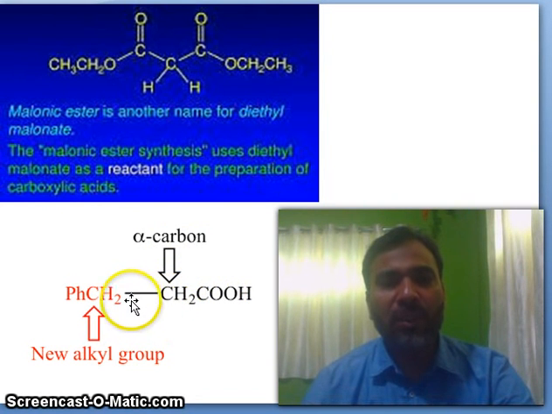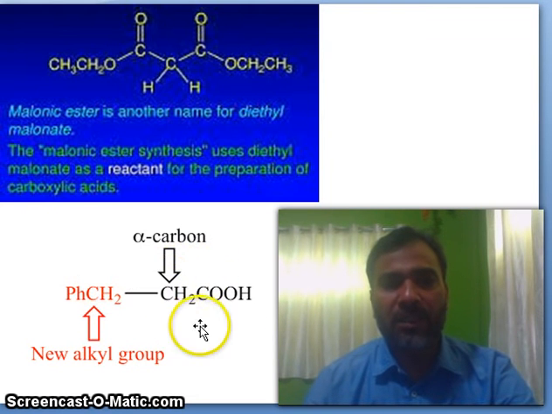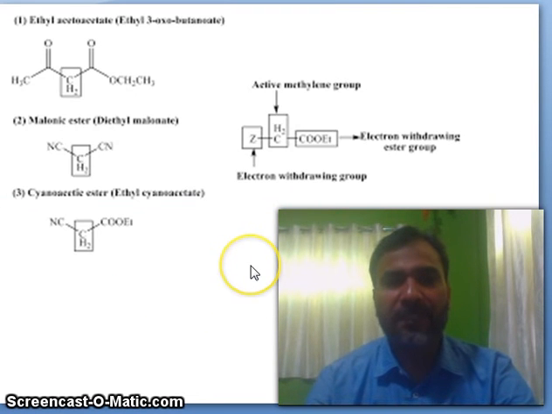When you use the malonic ester, you will attach new alkyl groups here. So this part will come from the malonic ester and this part will come from another reagent. Just remember this.